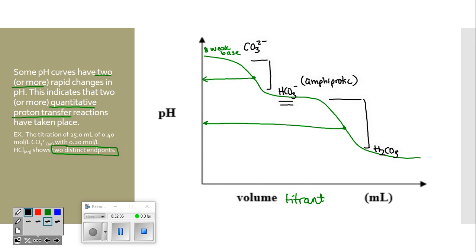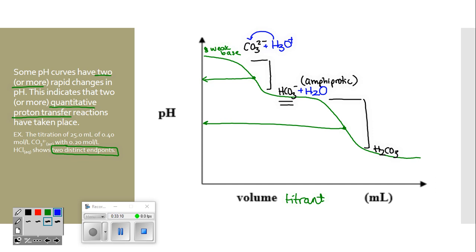Since in this question I had a strong acid at the beginning, I would be reacting that carbonate ion with hydronium. Because hydronium will donate a hydrogen, water should be the other product. Just like if I had one curve with a sharp change, I had a weak base reacting with a strong acid.